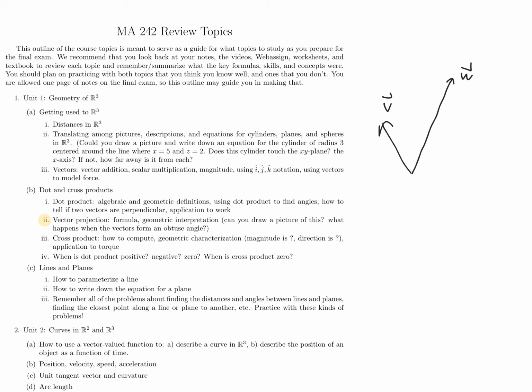The way we write that is the projection of v onto w. So I always think of the proj as standing on top of the w. So we sort of think that we're projecting onto w, so take the shadow of v onto w. And so here's the vector that we're talking about.